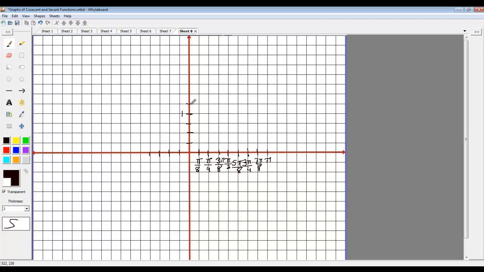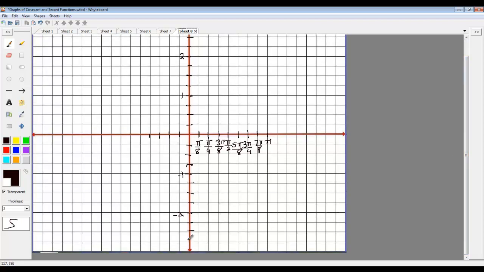Here's 1, here's 2, up there's 3. Here's negative 1, negative 2, and way down here is negative 3.